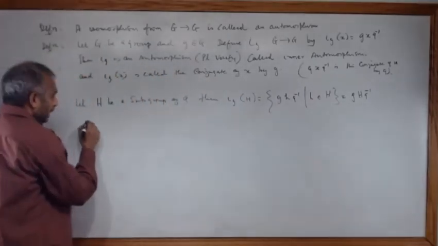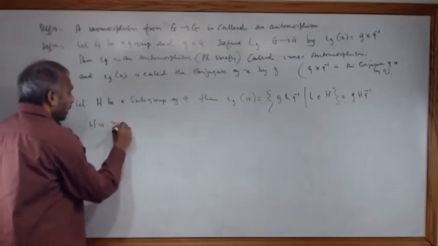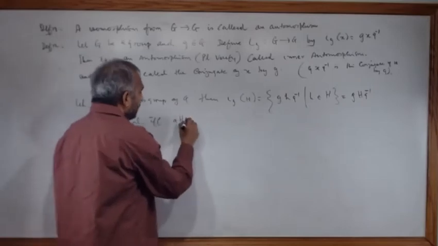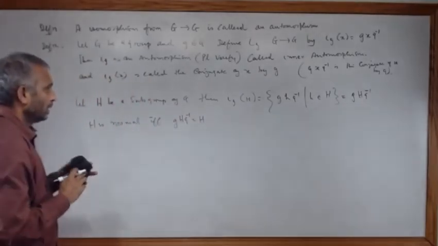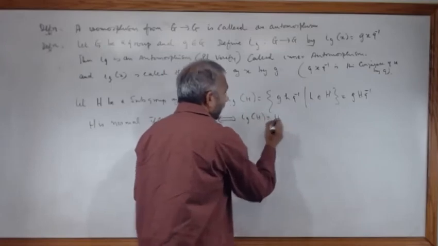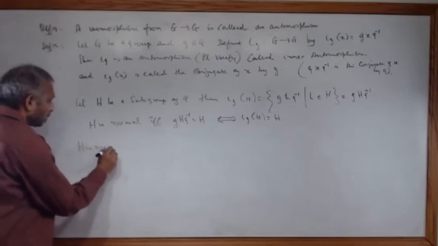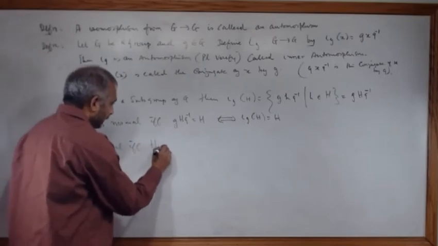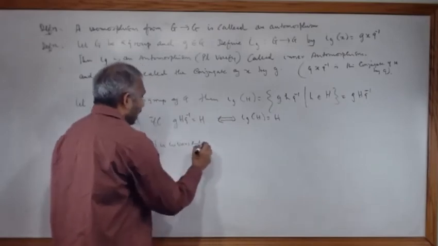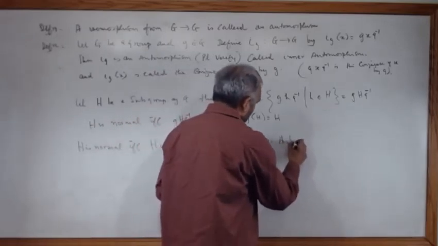Then we also know that H is normal if and only if gHg inverse equal to H, and that means, and implied by ig of H is equal to H. So the condition is H is normal if and only if H is invariant under all inner automorphisms.